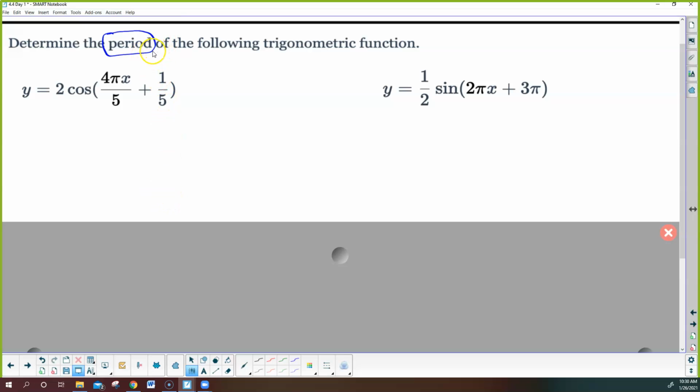So what do we know about the period? Well, when we say that, what you have to know is the period is 2 pi over the absolute value of b. You have to use that equation, which tells you the only thing you need is the b value. I'll give you a second to get caught up.